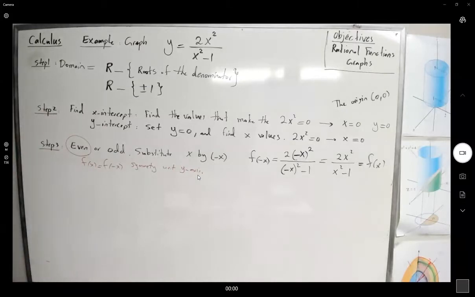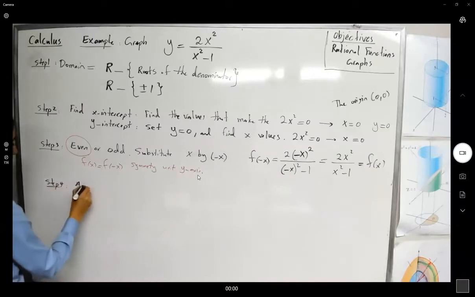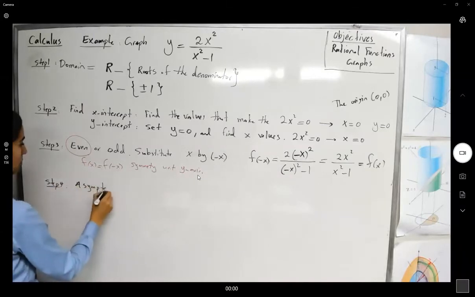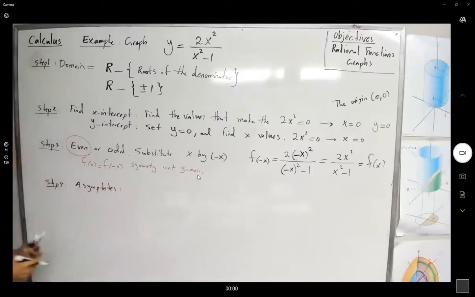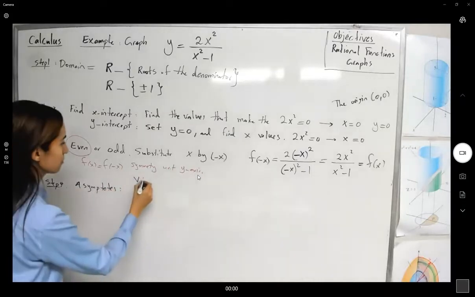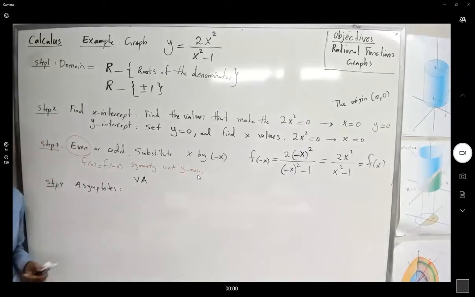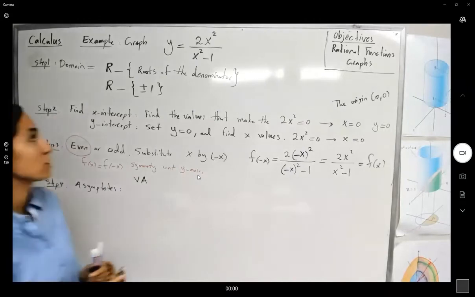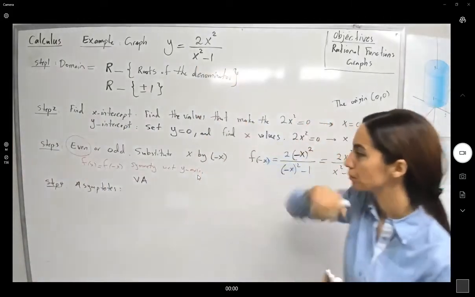What else do we need? We need to find the vertical and horizontal asymptotes. So in step 4, asymptotes. To find the vertical asymptotes, we just need to find the zeros of the denominator.